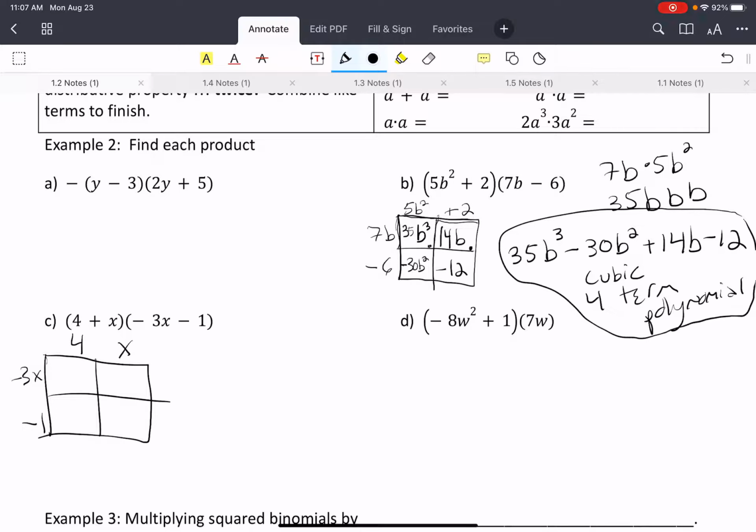Yes. Okay, so this bottom left one, you see how the 4 and the negative 1 don't have an x? You did so good. And on this one, try 3 times 4 again. It's 12.